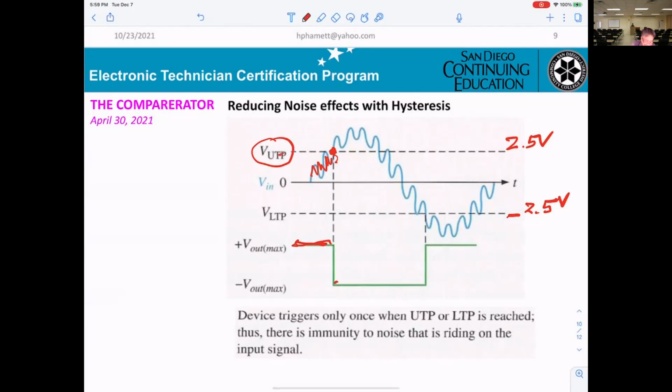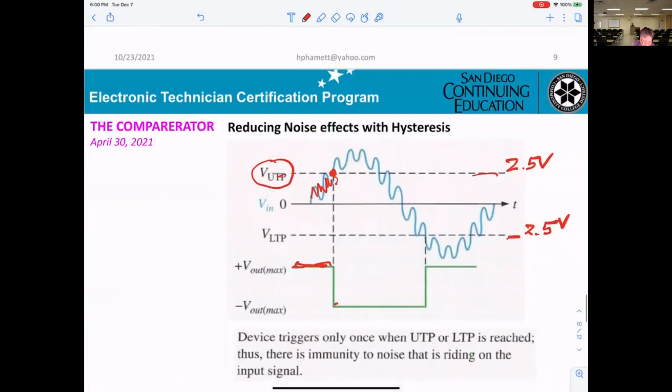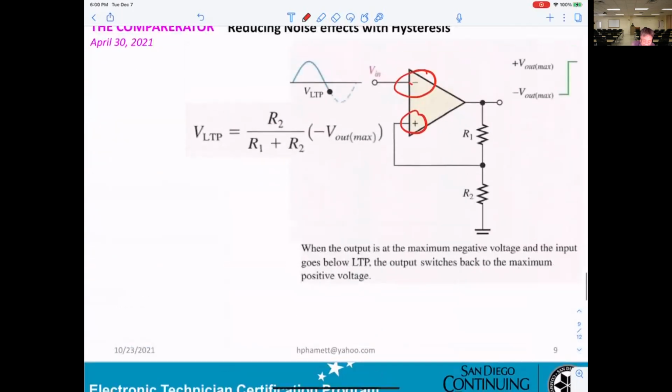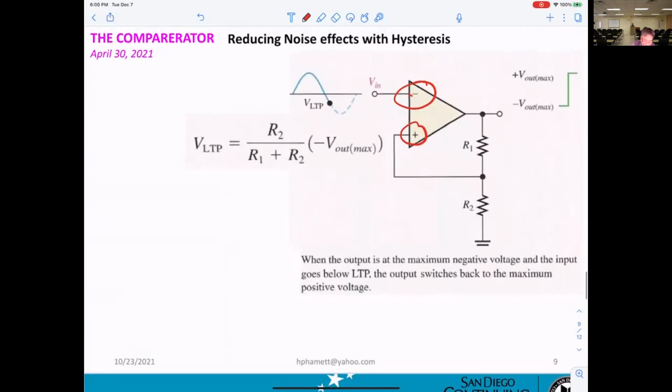This is the upper trigger at this point right here. So input less than upper trigger, okay? Then the output will be positive saturation. That means input positive is higher than input negative.